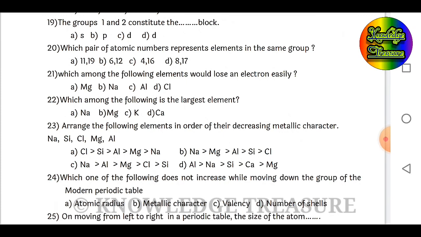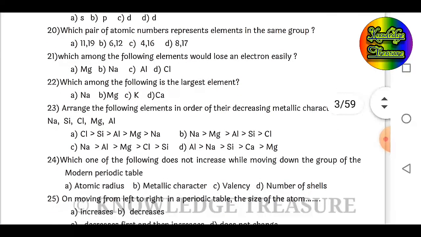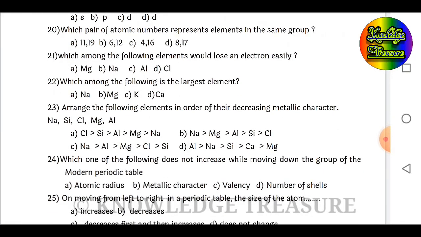Which pair of atomic numbers represents elements in the same group? A. 11, 19, B. 6, 12, C. 4, 16, D. 8, 17. The correct answer is A. 11, 19.